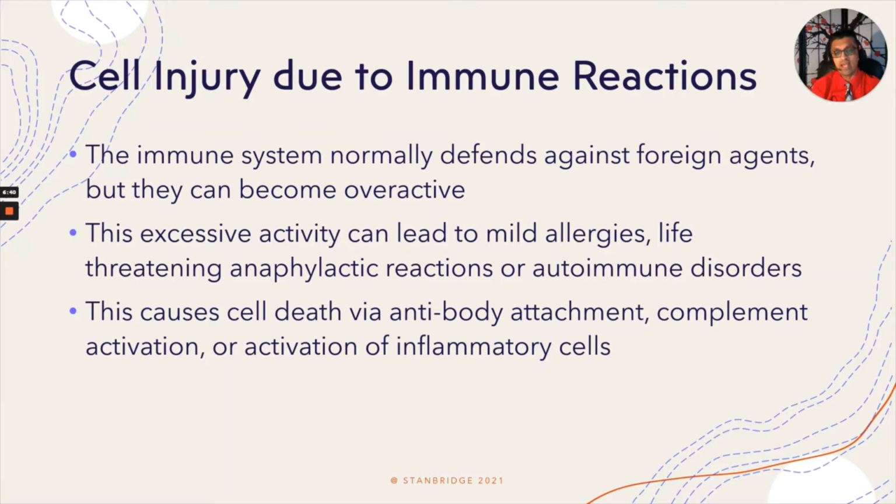Causes cell death via antibody attachment, complement activation, or activation of inflammatory cells. So that's how that occurs. And I do have some interesting videos that we can watch on Friday that will kind of hone in and help you reinforce this material.